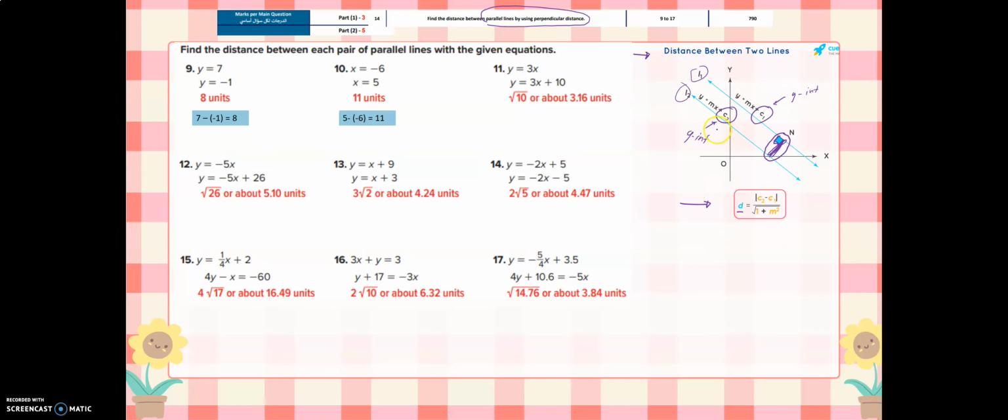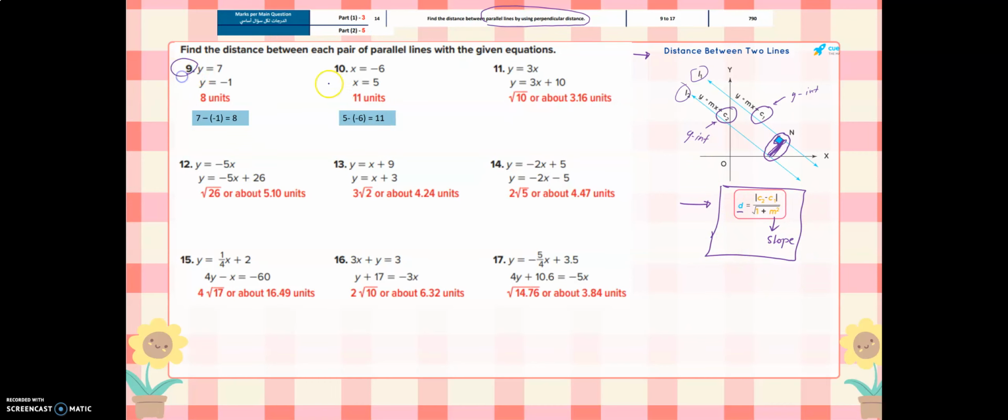That means the y-intercept of the second line minus the y-intercept of the first line, over the square root of 1 plus m squared, where m here is the slope. Okay, since they are parallel, it means their slope will be the same. So taking this into account, let us apply it to some of the questions.